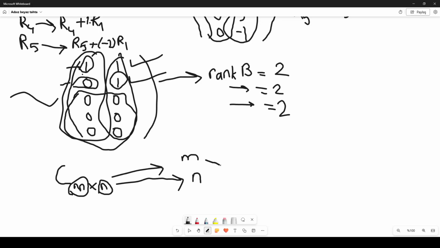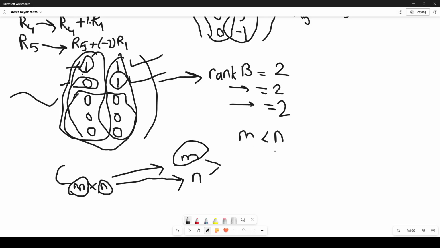And then, what can we say? If m is less than n, then the rank shouldn't exceed the value of m. The largest value that is possible for the rank is m.